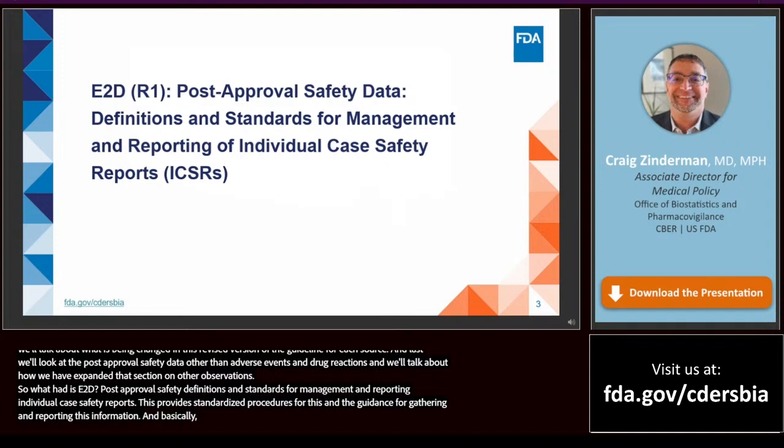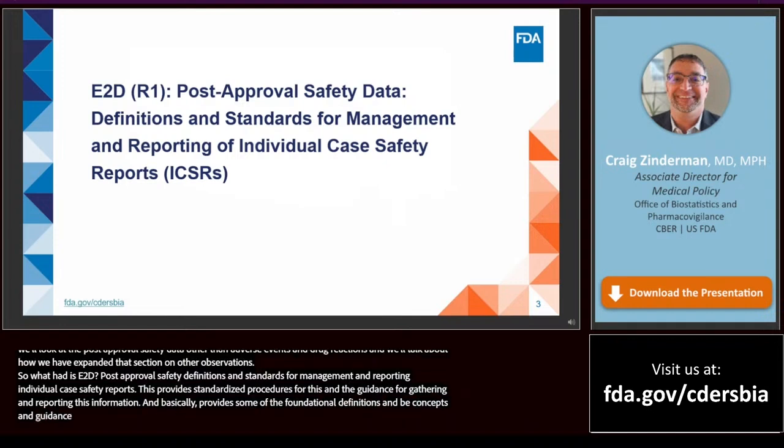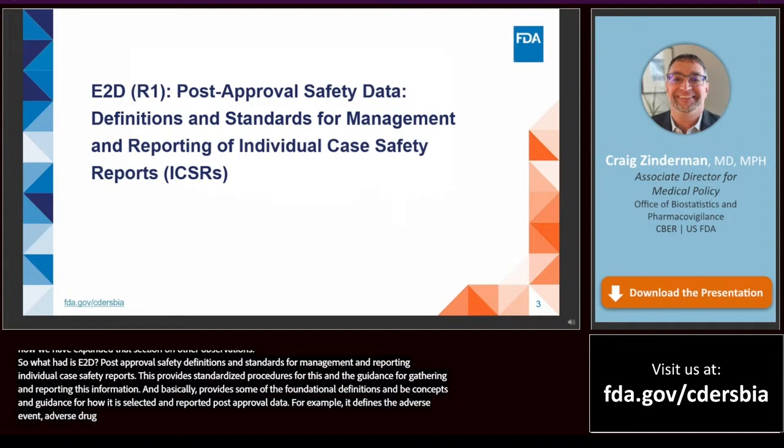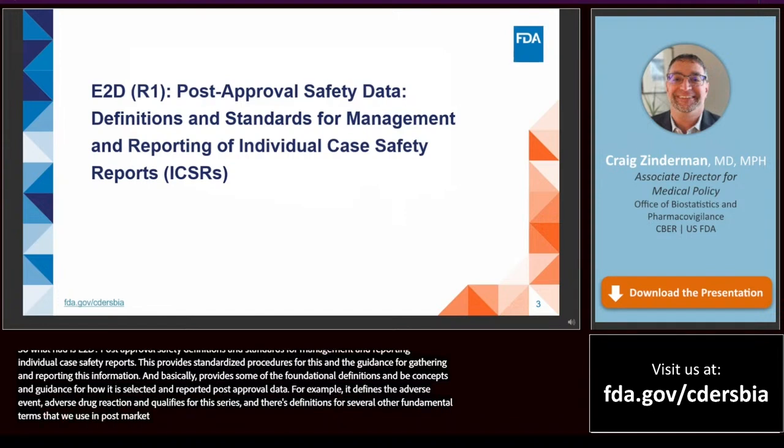It basically provides some of the foundational definitions and concepts and guidance for how MAHs collect and report post-approval data. For example, it defines an adverse event, an adverse drug reaction, and what qualifies as serious AEs or ADRs. And there's definitions for several other fundamental terms that we use in post-market adverse event surveillance. It also defines the timeline for submitting expedited ICSRs.